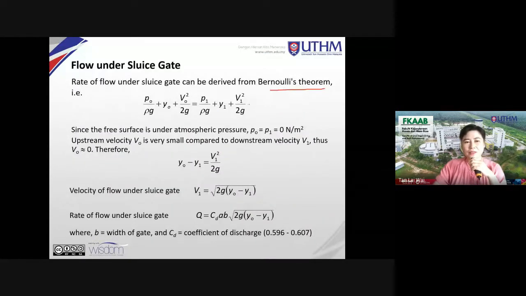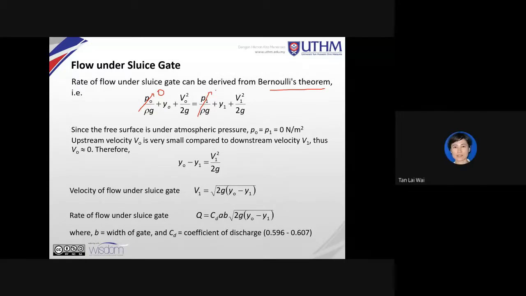So let's go back. You have seen that this is zero because it's atmospheric pressure. This is zero as well. As I say, at the surface, the velocity is almost zero. Actually, you have learned about this equation in your orifice flow in fluid mechanics.